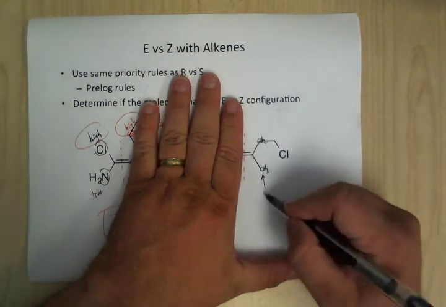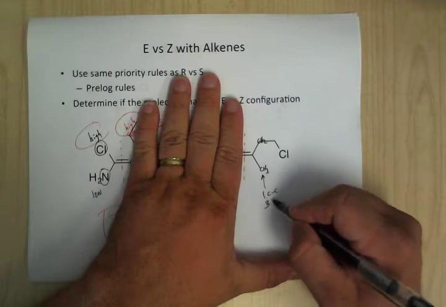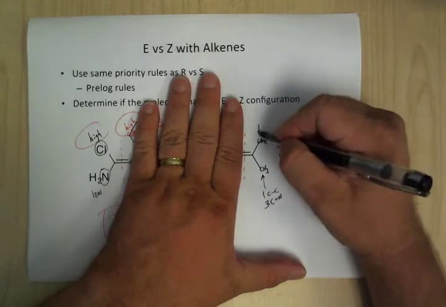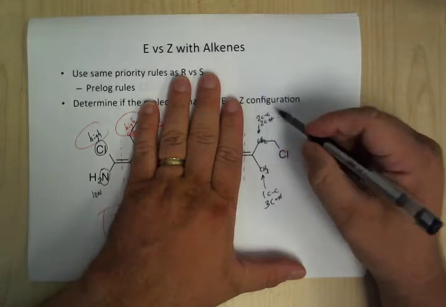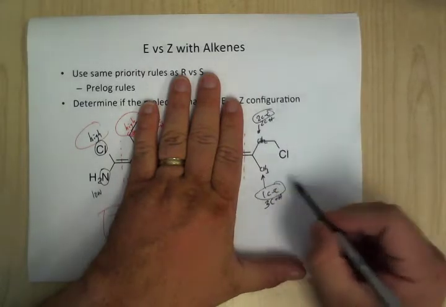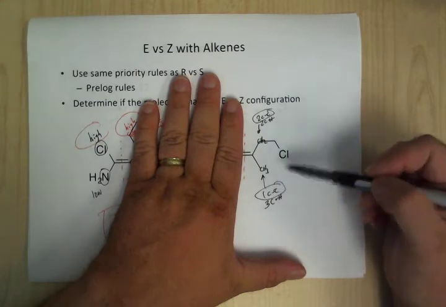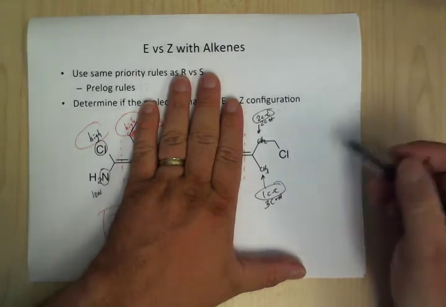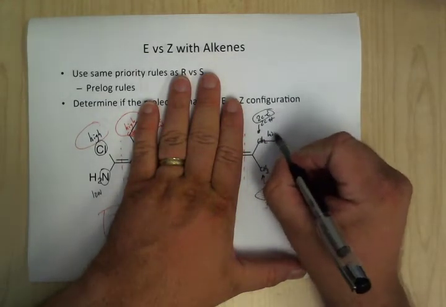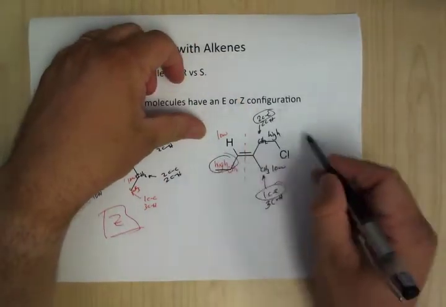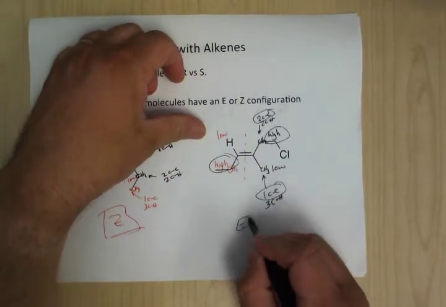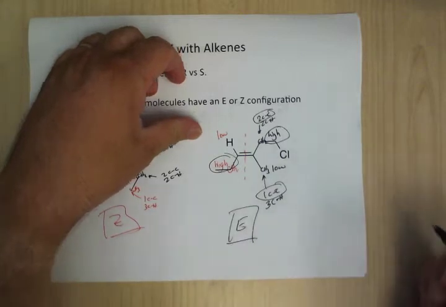For this one, we've got 1 carbon-carbon bond, 3 carbon-hydrogen. Here we have 2 carbon-carbon, 2 carbon-hydrogen. So this chlorine didn't even come into play. For this one, this is the high, this is the low. Okay, so notice that the highs are on opposite sides, so it's E.